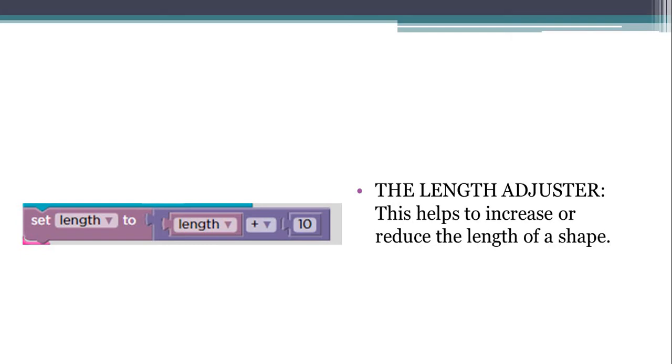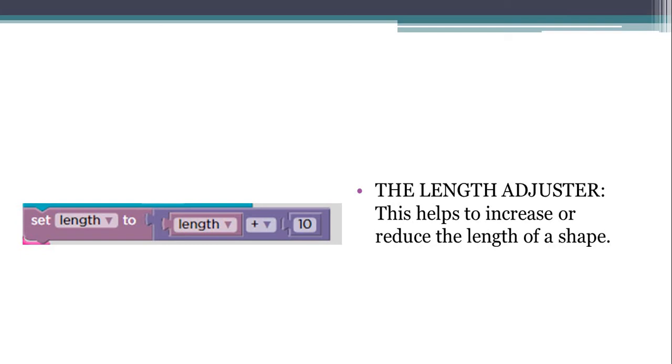The next is the length adjuster. The length adjuster helps to increase or reduce the length of a shape. If you can see on the screen, you will see one of the sections we discussed in our last class, which is the math section. You will see a plus sign.